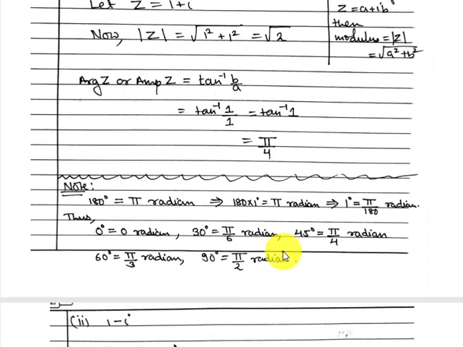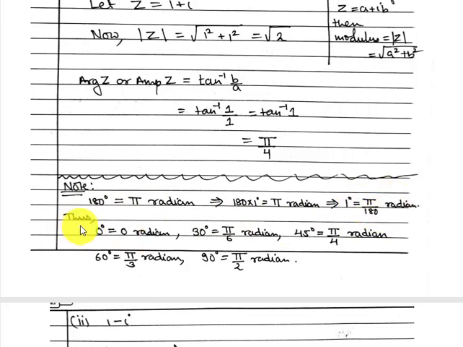Here I have written for you, you should learn this, you should remember this. 180 degrees in radians is denoted by pi. So 180 degrees is equal to pi radians, so 1 degree means pi by 180 radian.